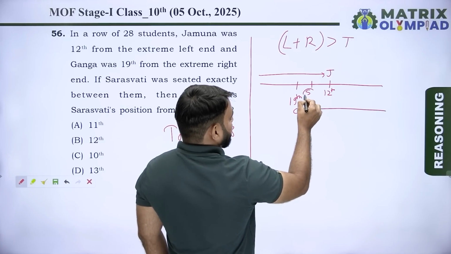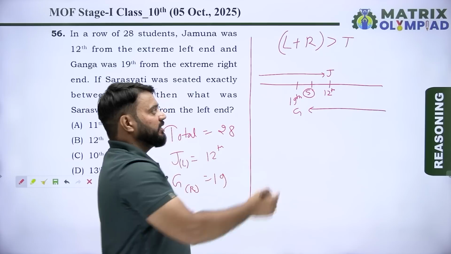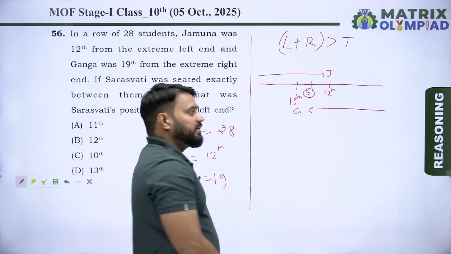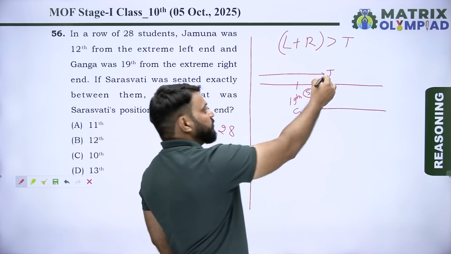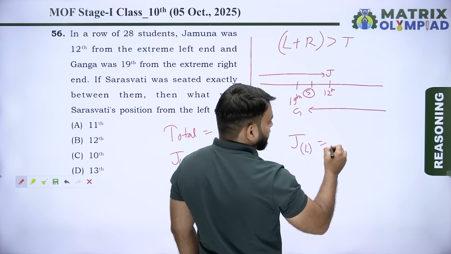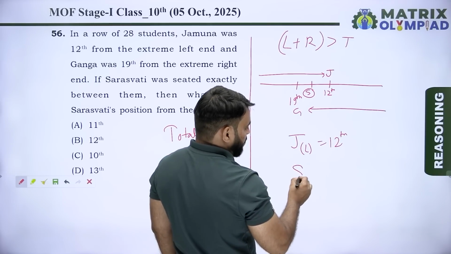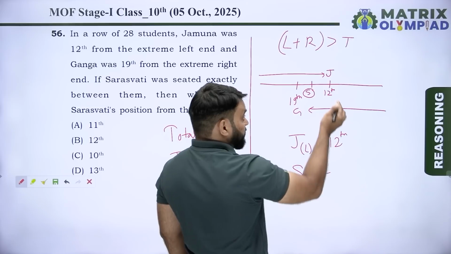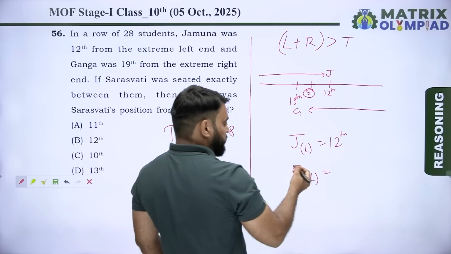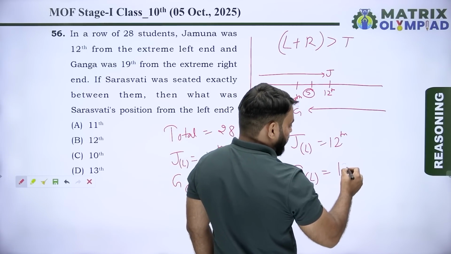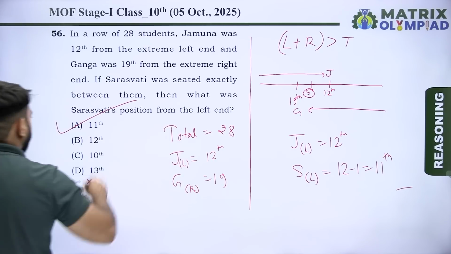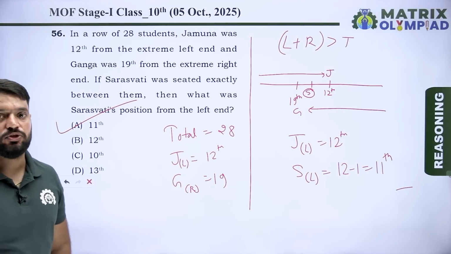Saraswati is exactly between Ganga and Jamuna, and Saraswati is placed just before Jamuna. So Jamuna's position from the left is 12th. So Saraswati's position from the left is equal to 12 minus 1, it means 11th. So here 11th, it means option A is the correct answer of this question.